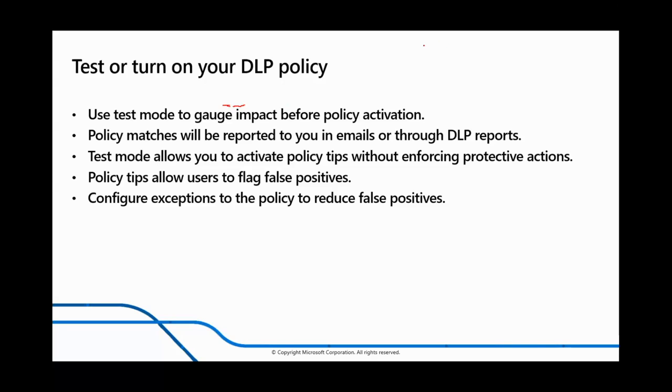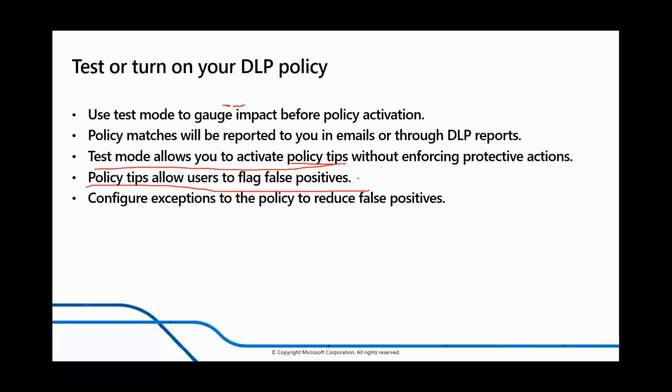Here we go. So again, the policy match will be reported in our emails through a DLP report. Test mode also allows us to activate these policy tips, only for reference without enforcing protective actions. These policy tips also let us, once we test it, identify false positives.